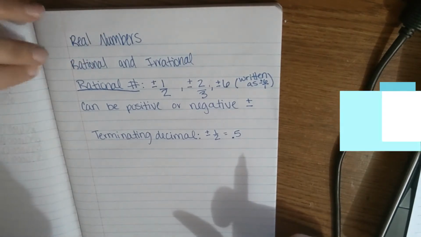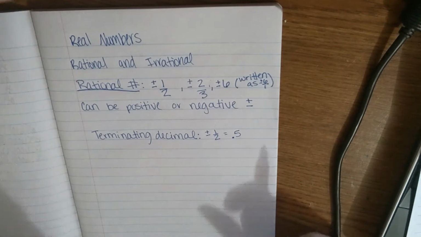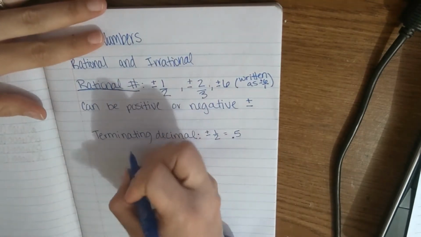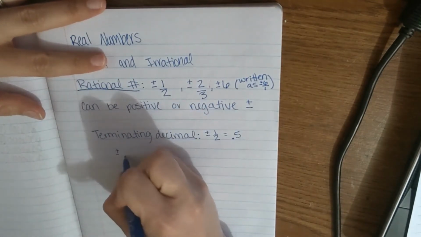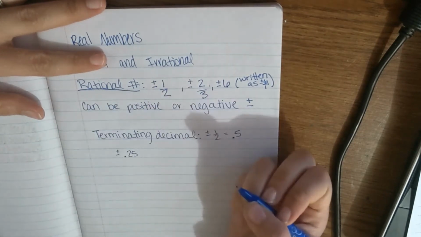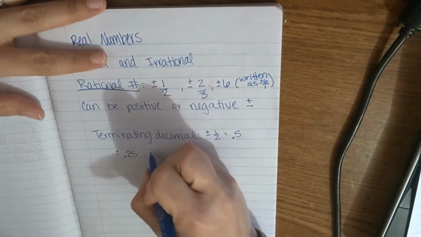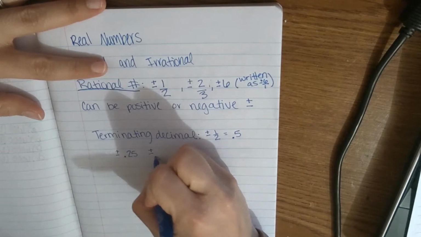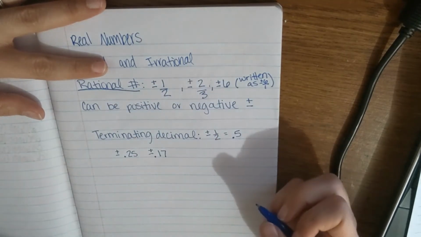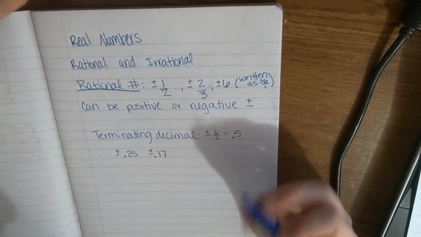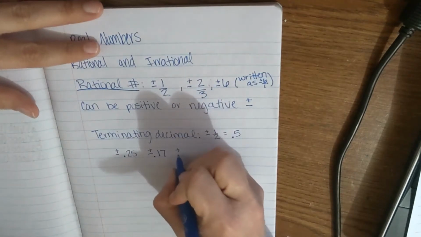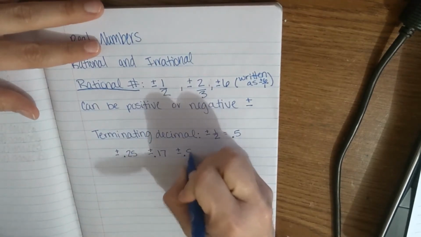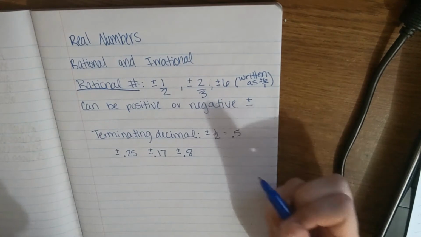All right, so other examples would be positive or negative 0.25. That's 1/4. Positive or negative 0.17, which would be 17/100. Positive or negative 0.8, that would be 4/5, and so on.